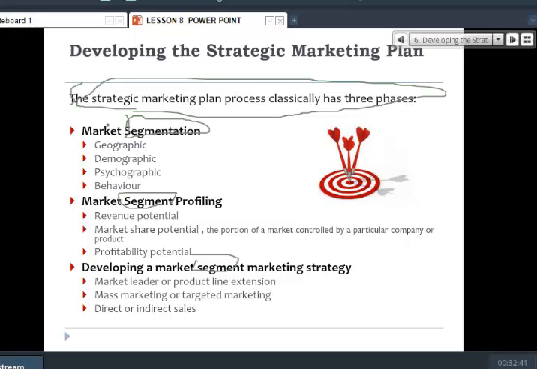Mass marketing means that you are selling this particular product for everybody. So you are not targeting any specific demographic, any specific behavior, any specific geographic. You are targeting the population as a whole.